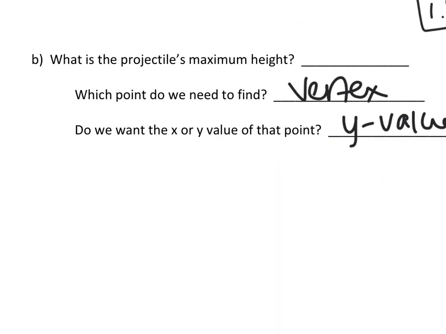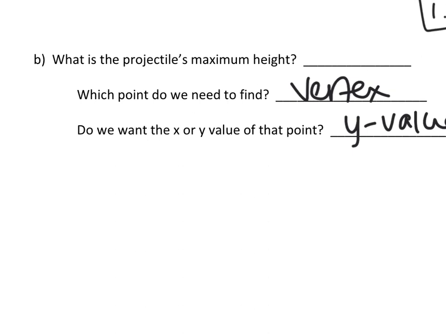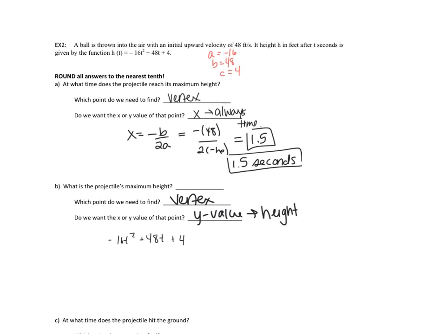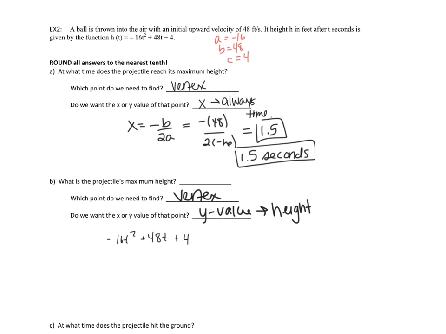My equation was negative 16t squared plus 48t plus 4. So all I'm doing is everywhere I see a t, I'm going to substitute 1.5.